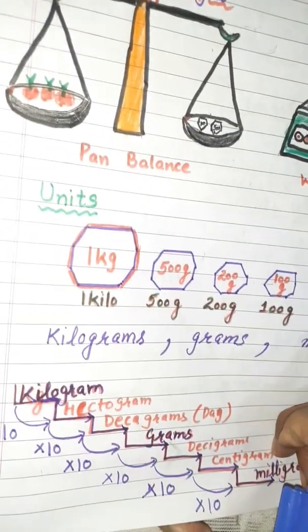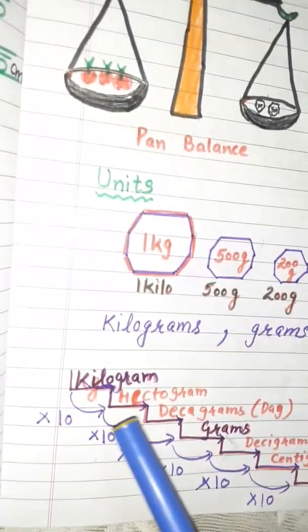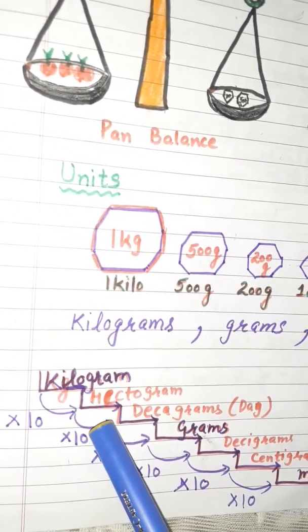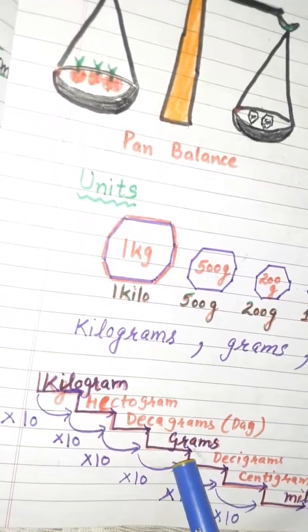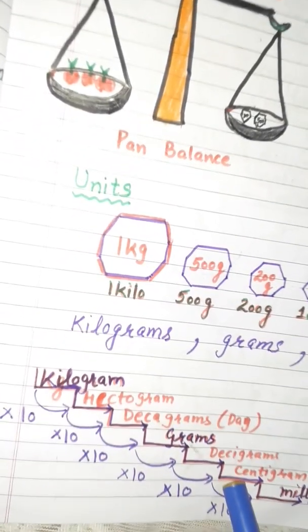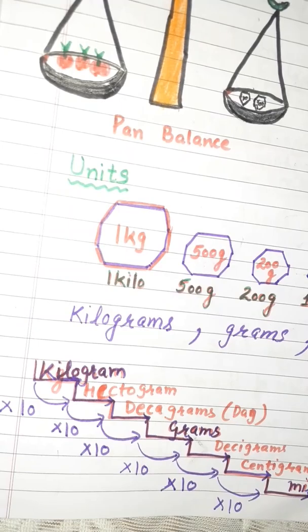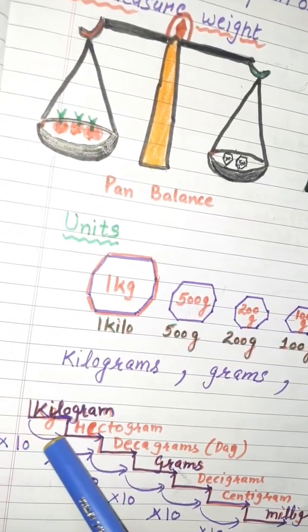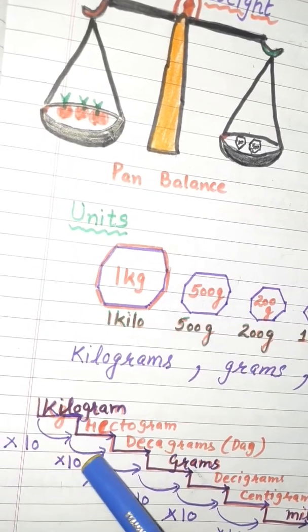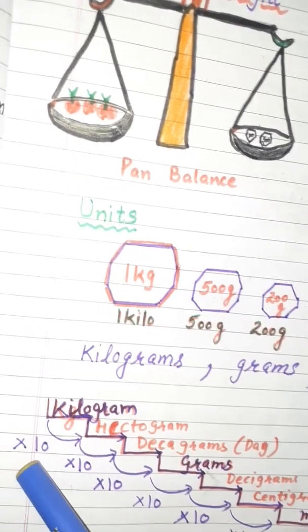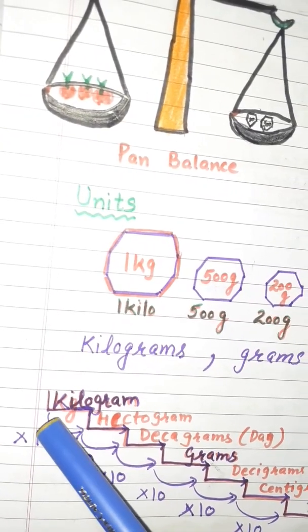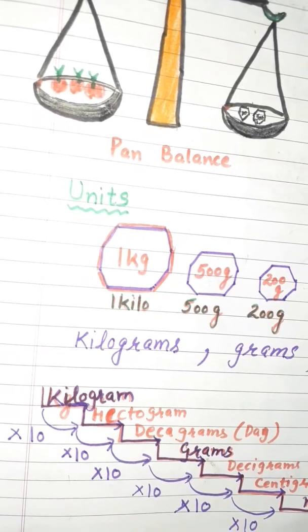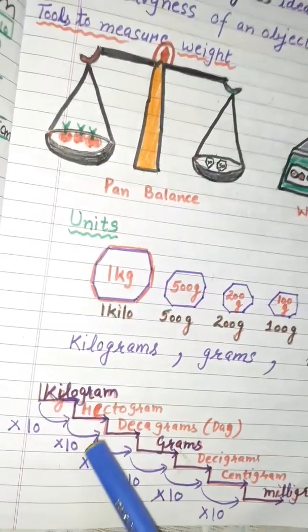Now let us understand. The biggest unit of weight is your kilograms, and after it we have hectogram, decagram, grams, decigrams, centigrams, and milligrams. Whenever we have to convert a bigger unit into a smaller unit, we will multiply. Like if I want to convert 1 kilogram into hectogram, I will multiply by 10.